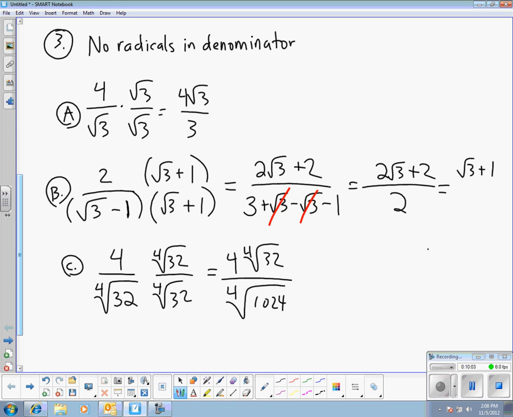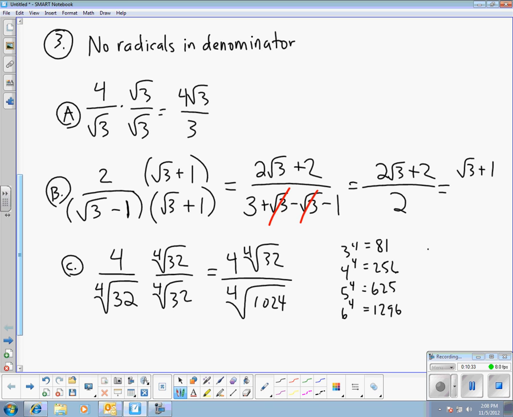Let's see, 3 to the fourth is 81. 4 to the fourth is 256. 5 to the fourth is 625. 6 to the fourth is 1296. And I've passed up 1024, and that was not one of my perfect fourth powers.